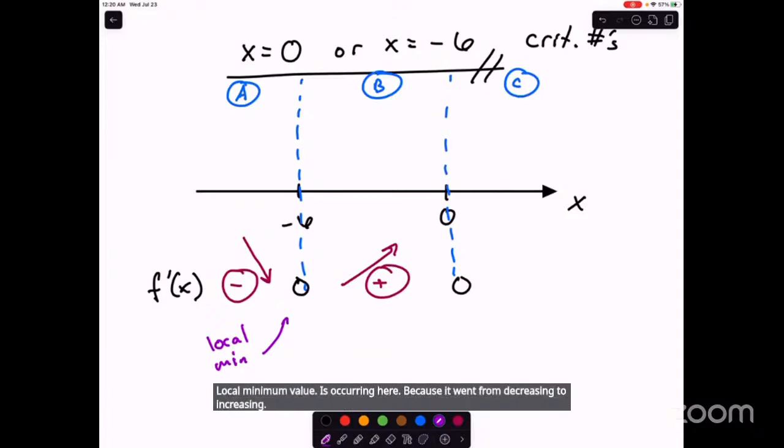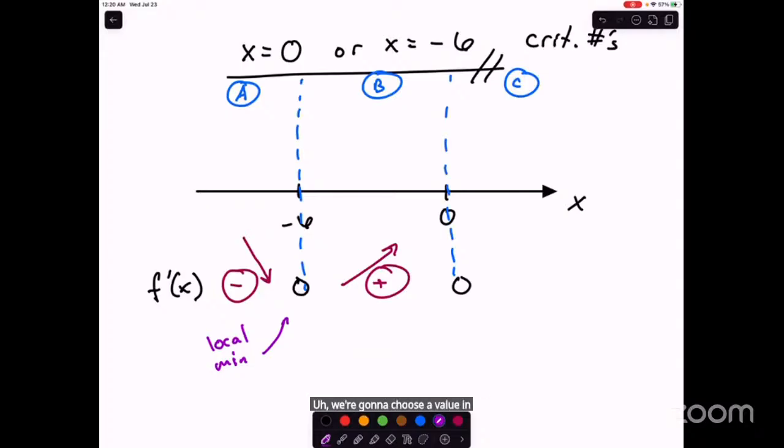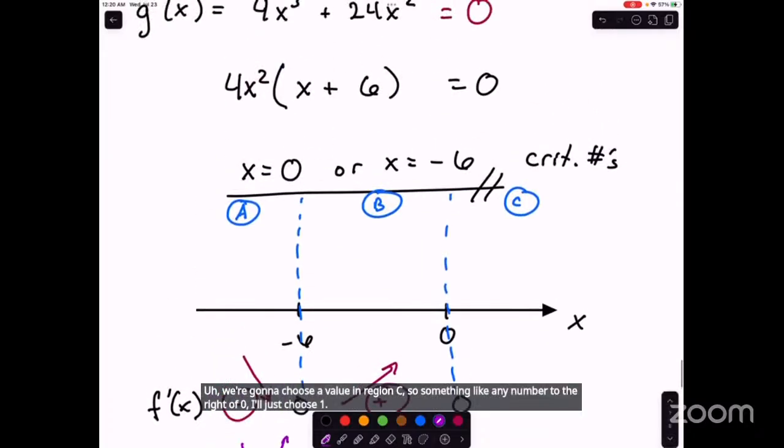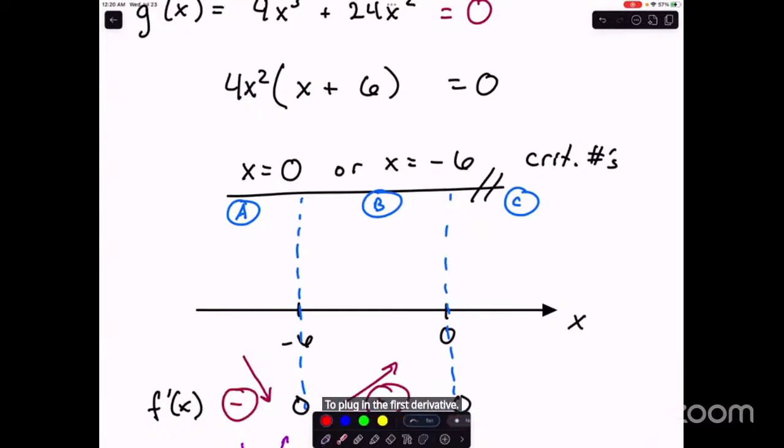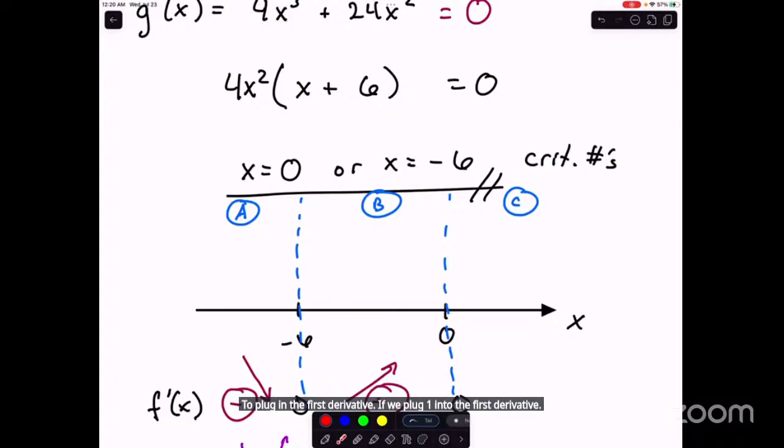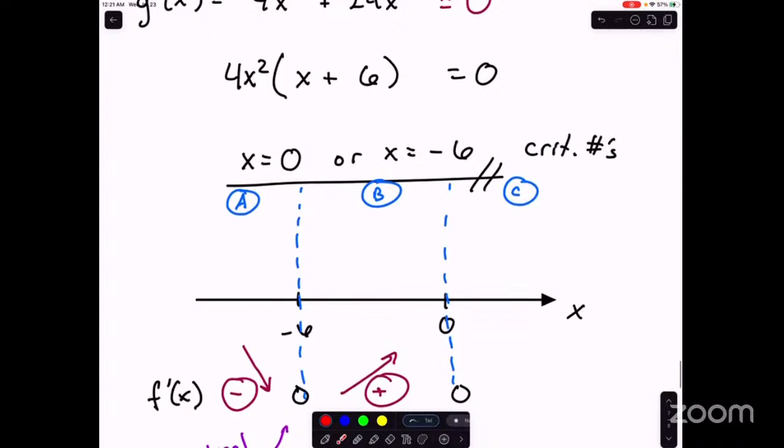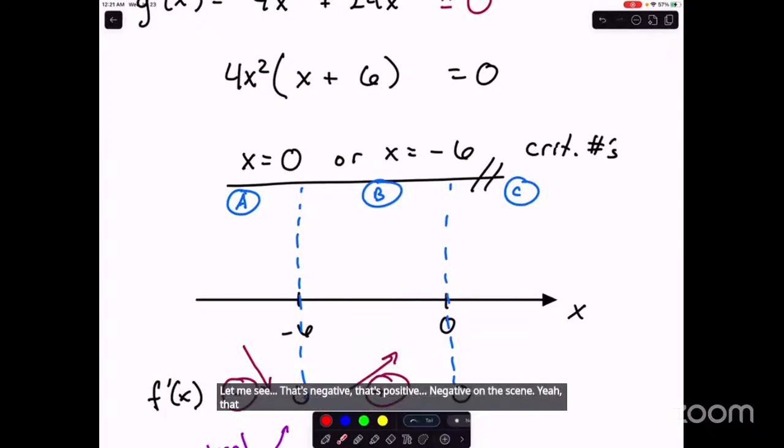For region C, we choose any number to the right of 0, and I'll choose 1 to plug into the first derivative. Did I do that right? Let me see. That's positive, positive.